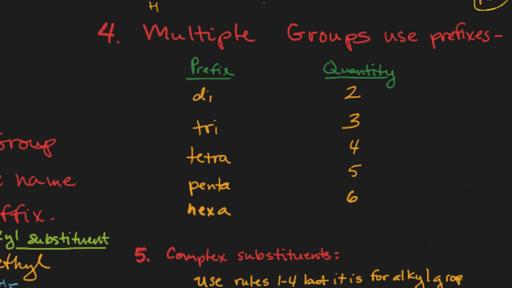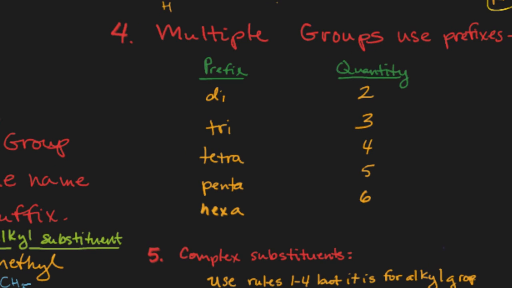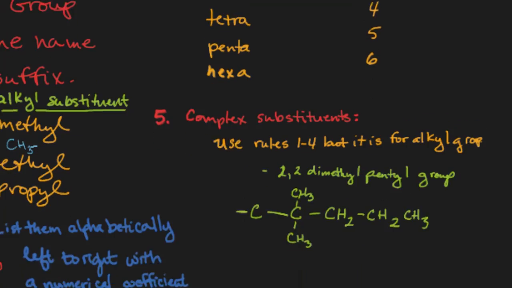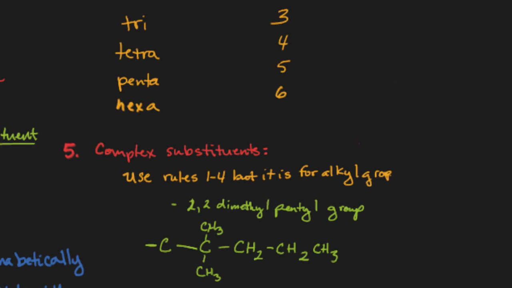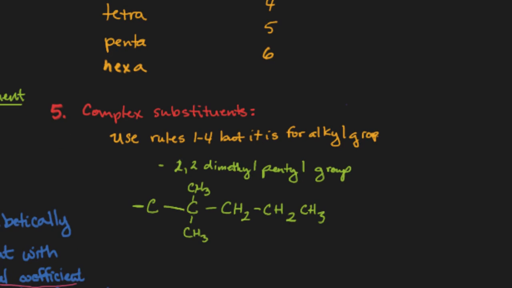Things like that. I'll go into the halogen rule in a little bit. But if your alkyl group is really complex, just use the rules that you were using for naming the main compound, steps 1 through 4, and name it. Like this one here has a main chain of 1, 2, 3, 4, 5.